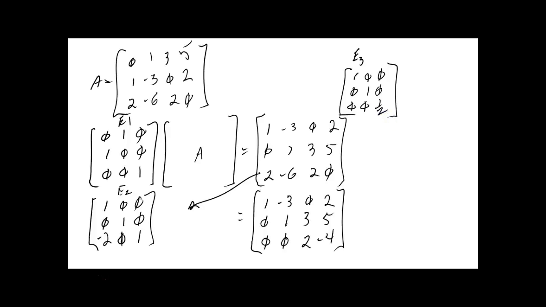And when you multiply that by this matrix, you'll get 1, negative 3, 0, 2, 0, 1, 3, 5, and 0, 0, 1, negative 2. There you have it. That is in row echelon form, not reduced row echelon form. You use these elementary matrices to get there.